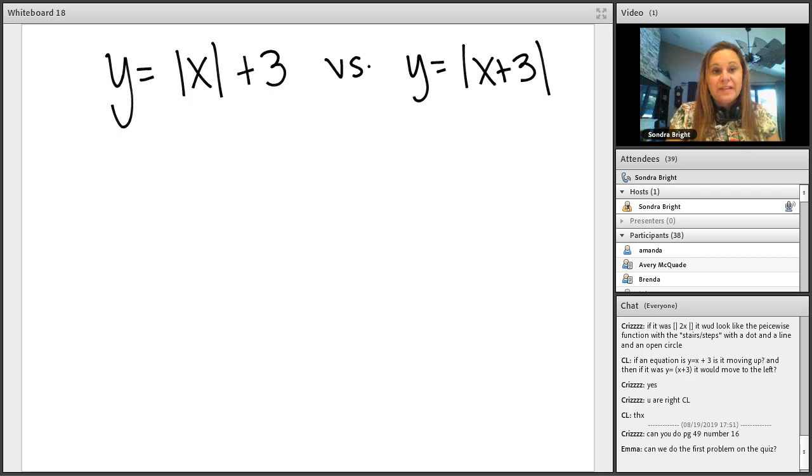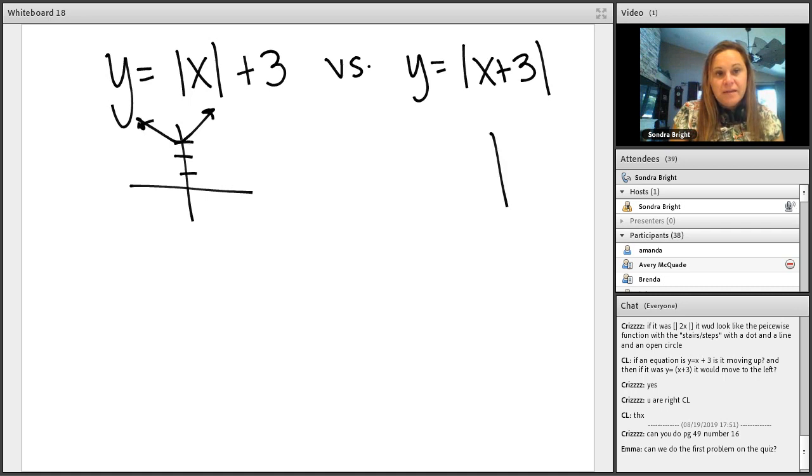That really is a true difference: this is a shift up 3 units and still a V, and this is a shift left 3 units and still a V. So definitely a huge difference there.